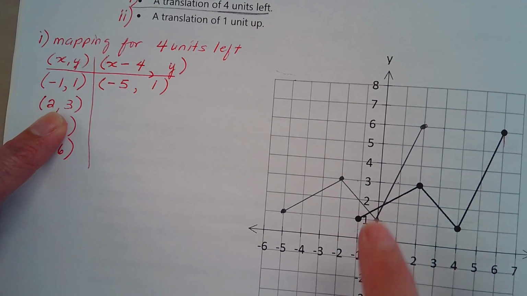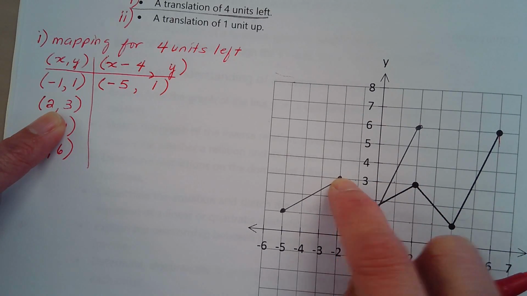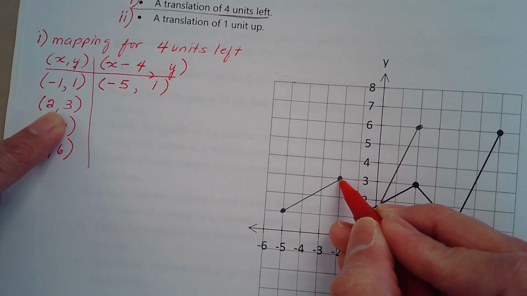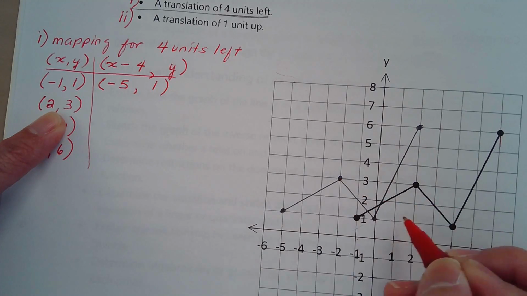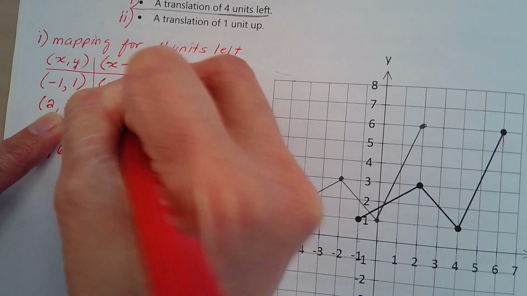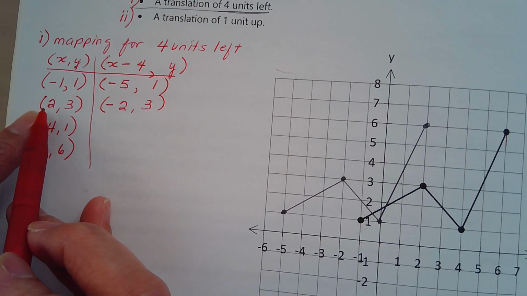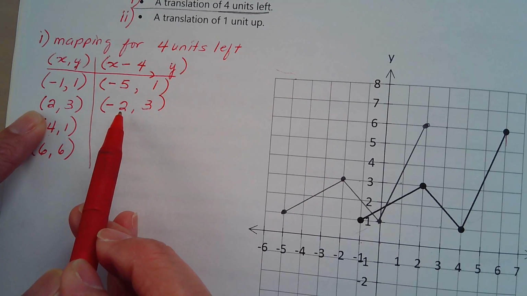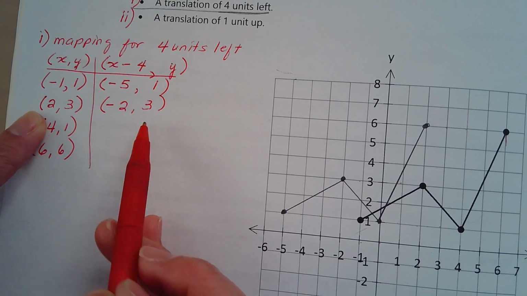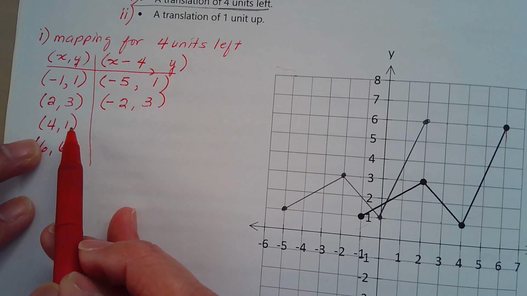This 2, 3, that's this point here. When it moved to the left 4 units, it is now at -2, 3. So whatever the x is, minus 4 gives -2. The 3 stays put. What about the next one?